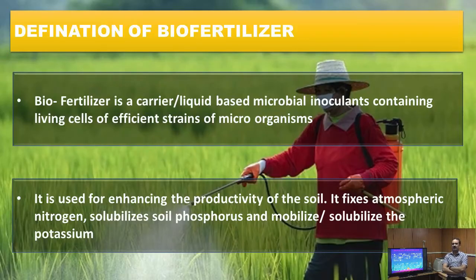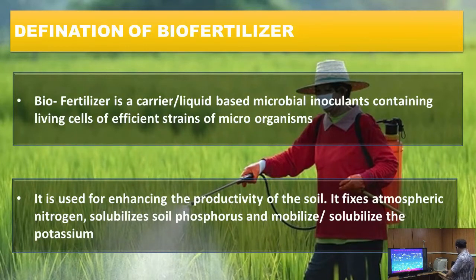In acid soil, phosphorus is fixed in the form of calcium phosphate, and phosphorus use efficiency in the soil is only 15 to 20%. But through biofertilizer, you can solubilize it and plants can use phosphorus up to 25 to 30%.